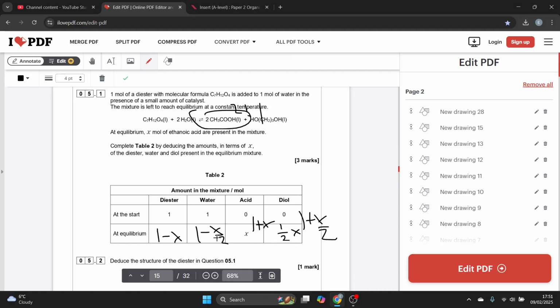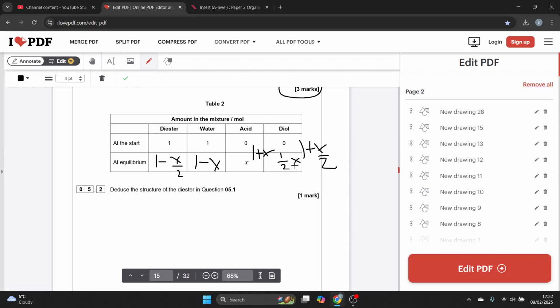Oh, I've done it the wrong way around. That's a bit funny. That's the 2 to 2 mole ratio, so that's perfectly fine. That's 1 minus X. That's 1 minus X over 2. 1 minus X over 2, 1 minus X, X over 2 or half X. For 3 marks, that's pretty nice. That's a really nice question for 3 marks.